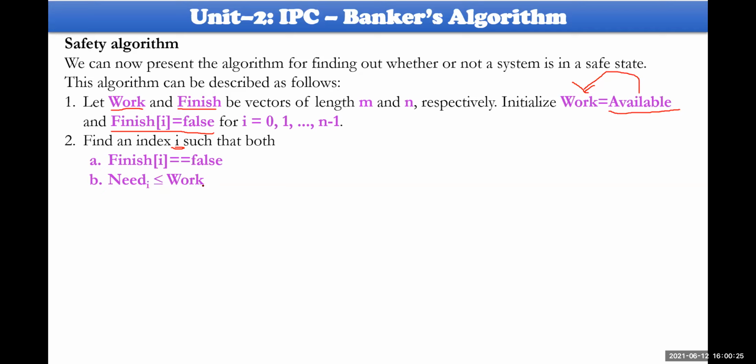Need of i is the number of resources still required, and it must be less than the availability of resources. If your requirement is less than that, yes, it could be allocated.